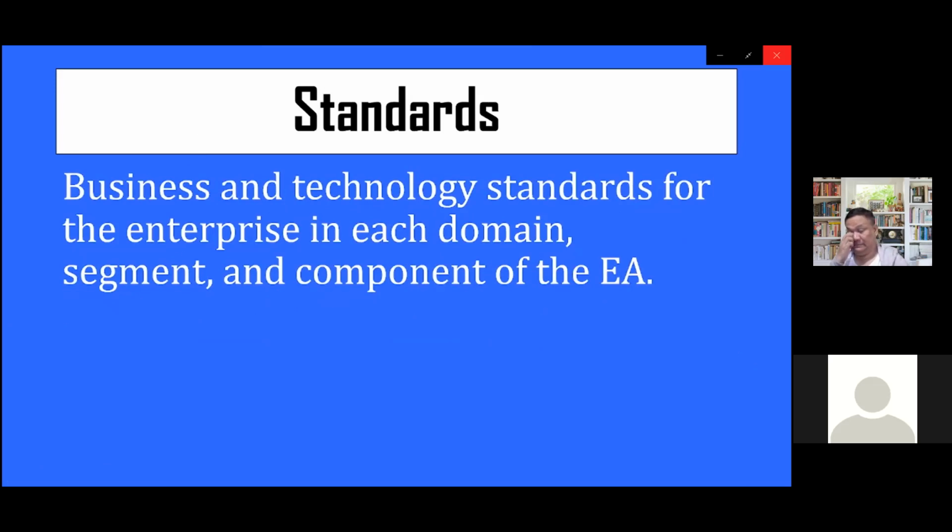An enterprise architecture has to have standards in each domain: for business, for the applications we use in the EA, for the data or databases, and of course the technology. So those are standards.